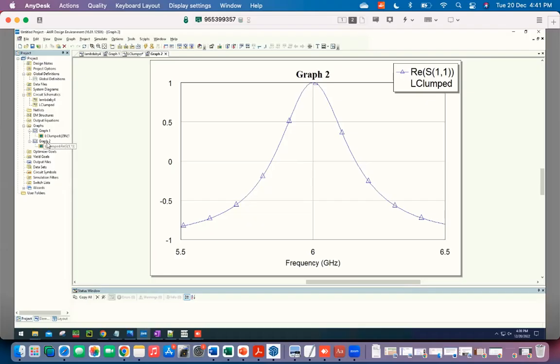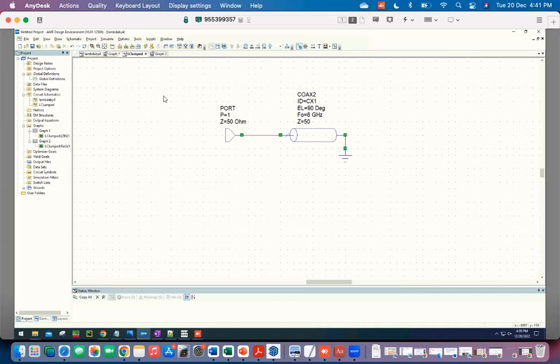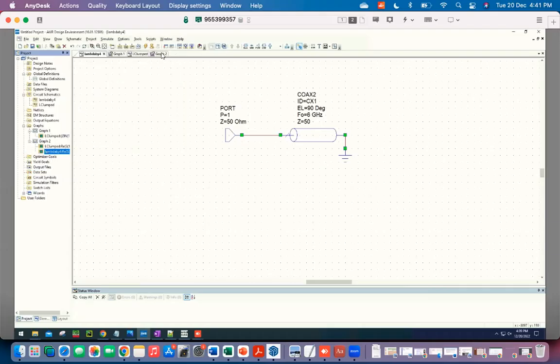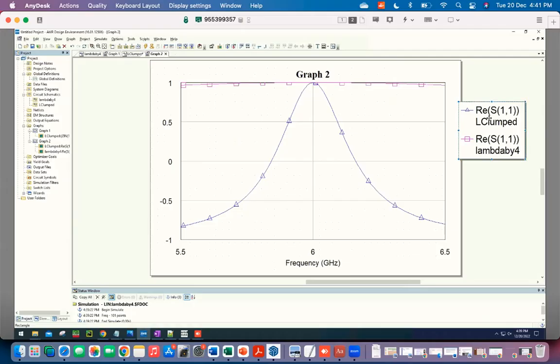Now, if I add the reflection coefficient for our resonator, for this one, again I just plot the real part so that I can compare the two. You see what's happening?